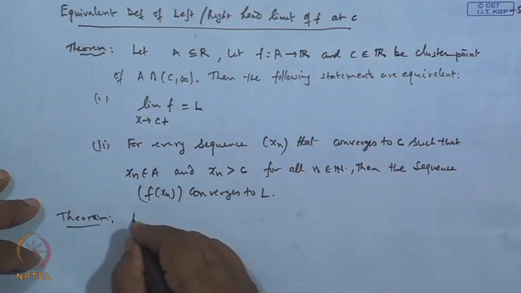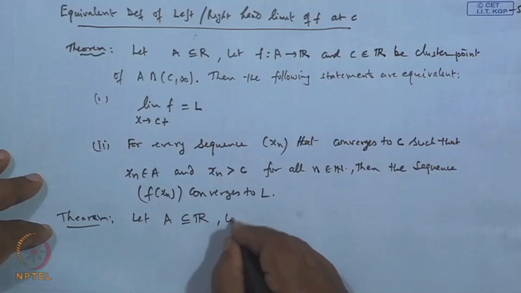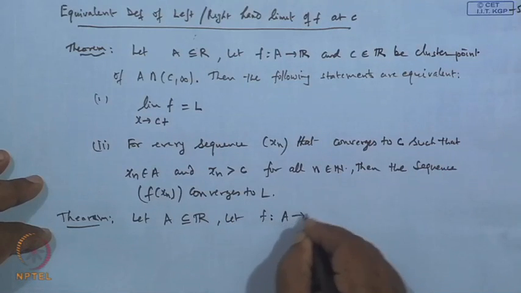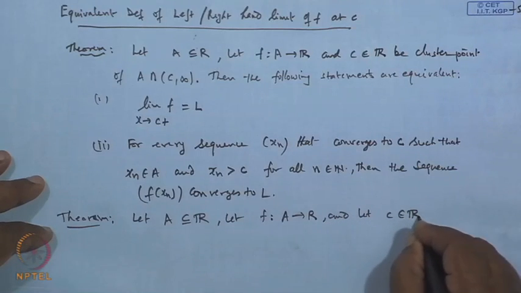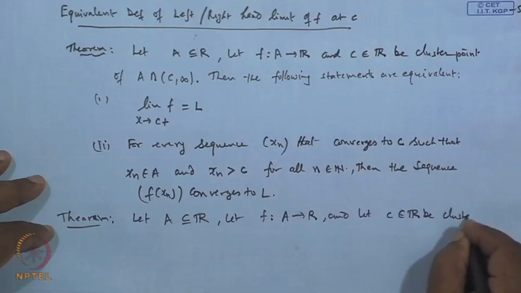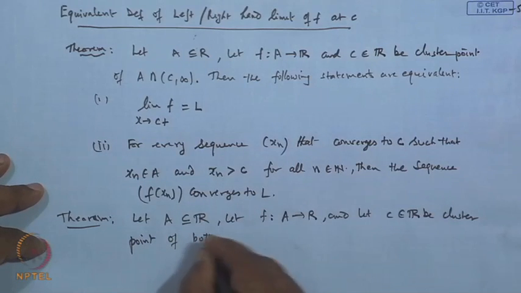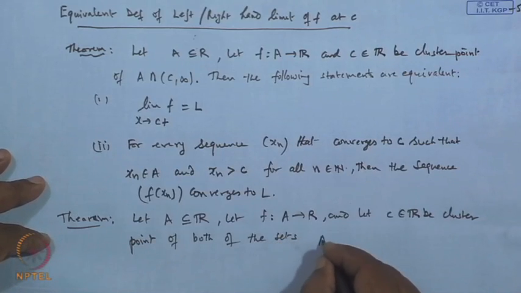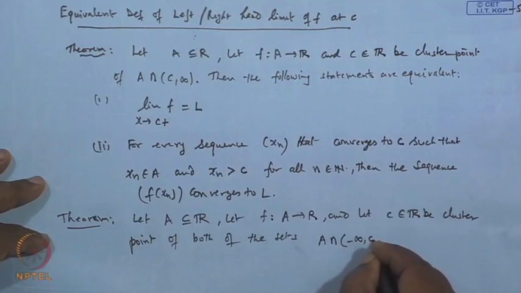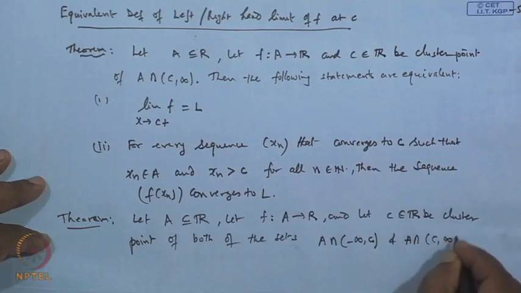What the theorem says is: let A be a non-empty subset of R, and let f be a mapping from A to R, and let c be a cluster point of both of these sets, that is, A intersection (-infinity, c) as well as A intersection (c, infinity).